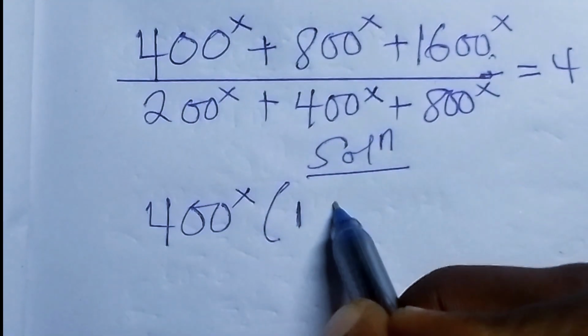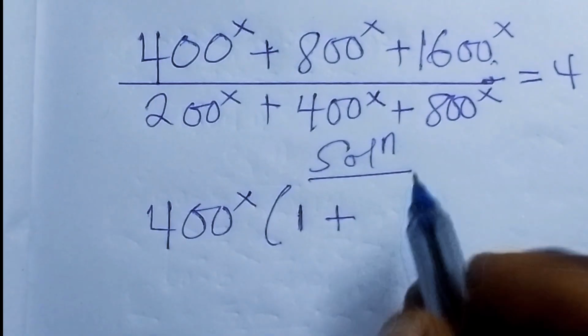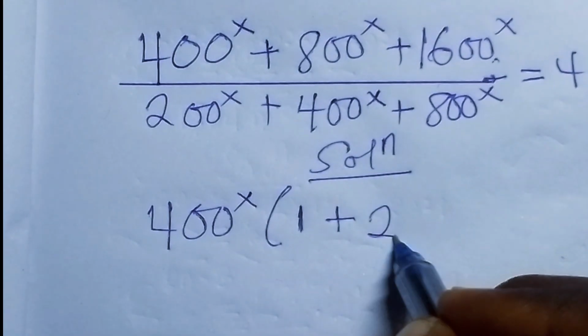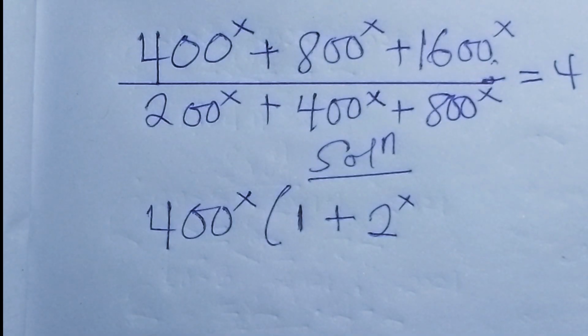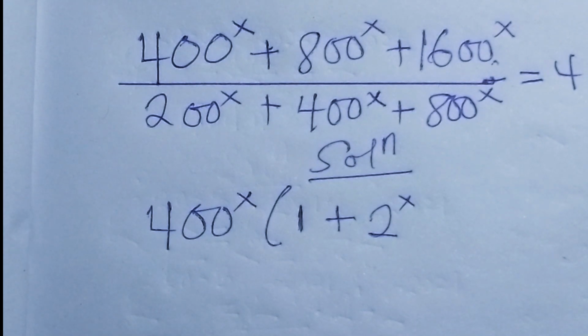Then we have plus 2^x, because from indices, when two terms have the same exponent, we just multiply the numbers and bring one of the exponents.